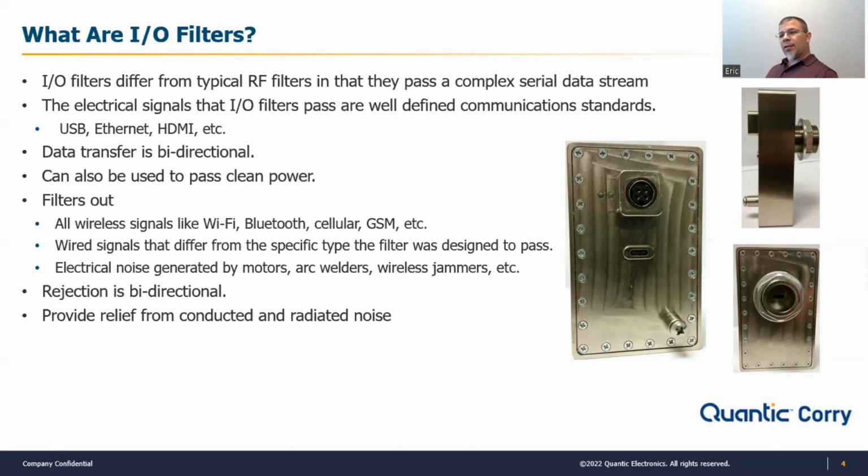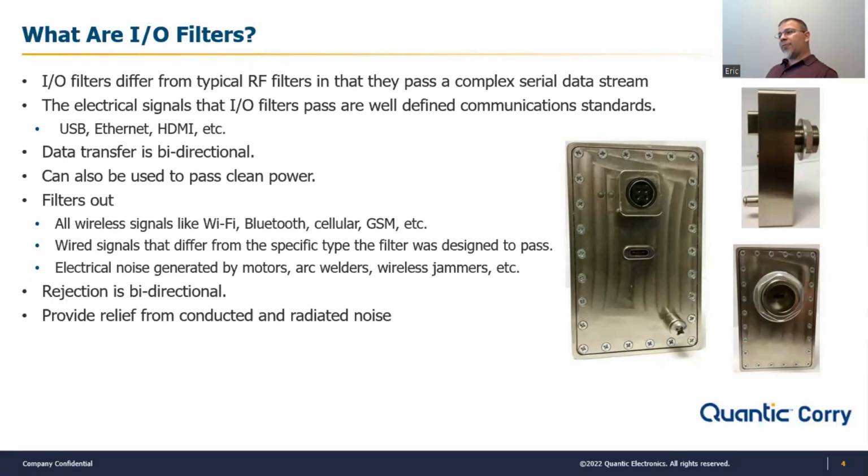So if the device that you're trying to feed clean data to is generating itself some noise, it will not pass it back through the filter to the other side. And this is good for both conducted and radiated noise.